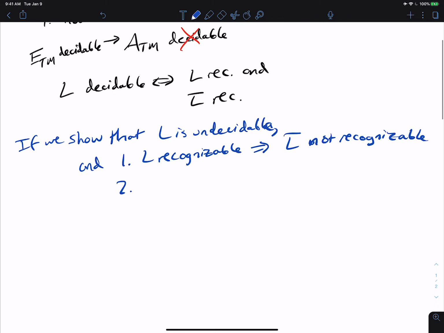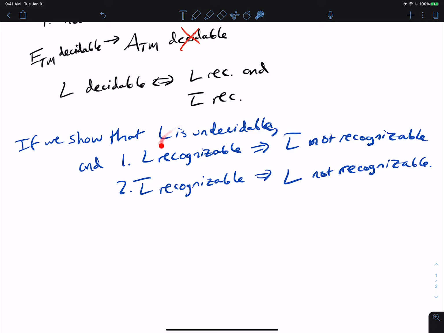Similarly, if L bar is recognizable and undecidable, then that would imply that L itself is not recognizable, because they are just the complement of each other. So this is the main tool that we have used to show a language is not recognizable.